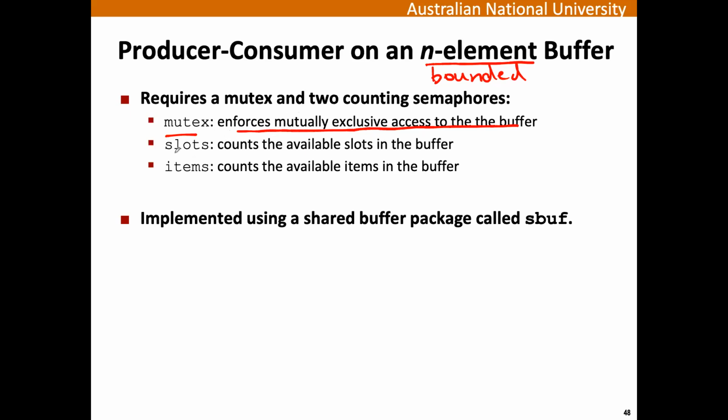And then we'll have two counting semaphores, one, slots, that counts the available slots in the buffer, and the other one, items, that counts the available items in the buffer. Okay. And we're going to see an implementation using the shared buffer package, sbuf.